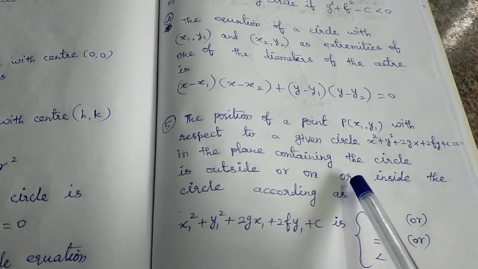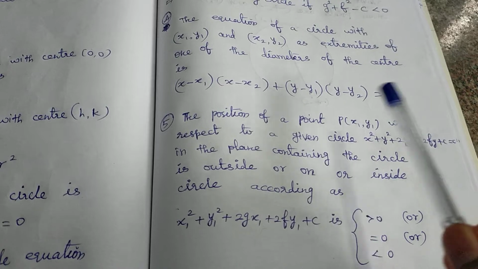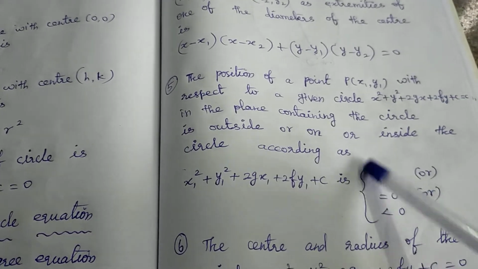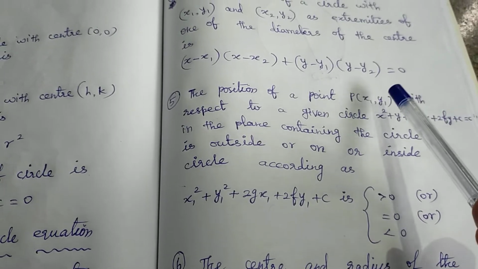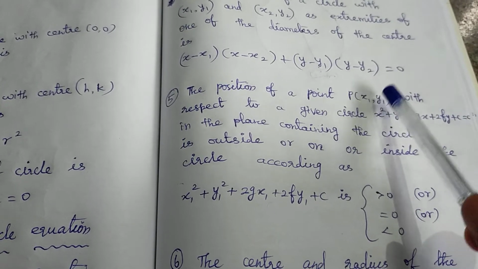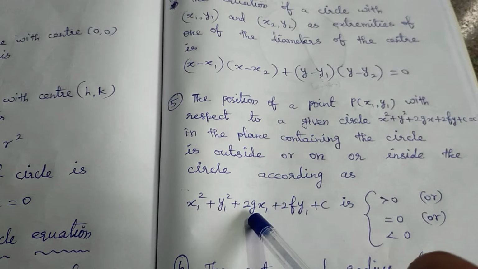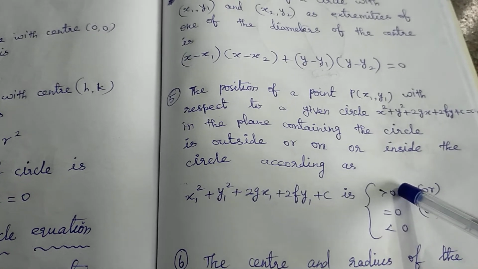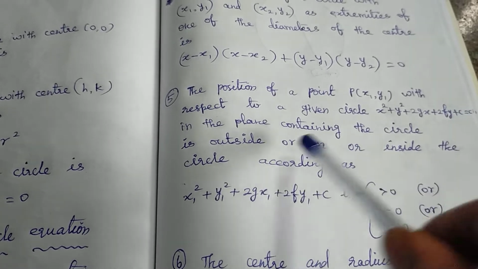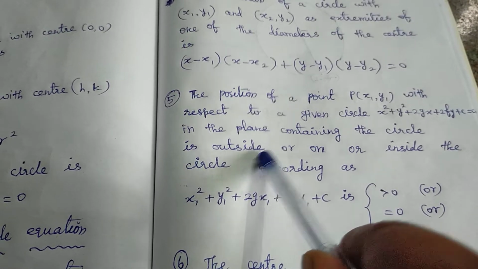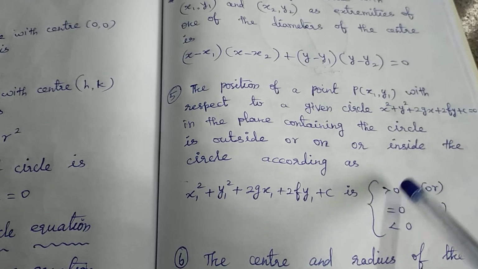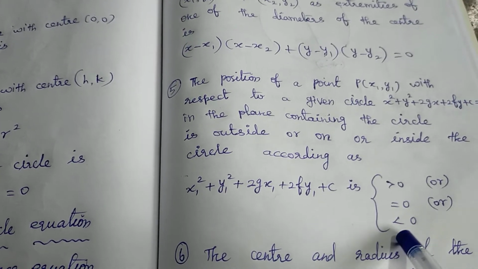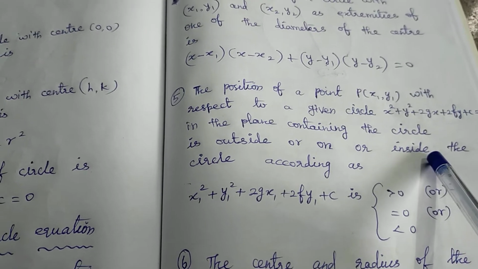So how do we check whether a point is on the circle, outside the circle, or inside the circle? Just substitute the given point into the given equation. If you get a positive number, greater than 0, it is outside the circle. Equal to 0, on the circle. Less than 0, inside the circle.